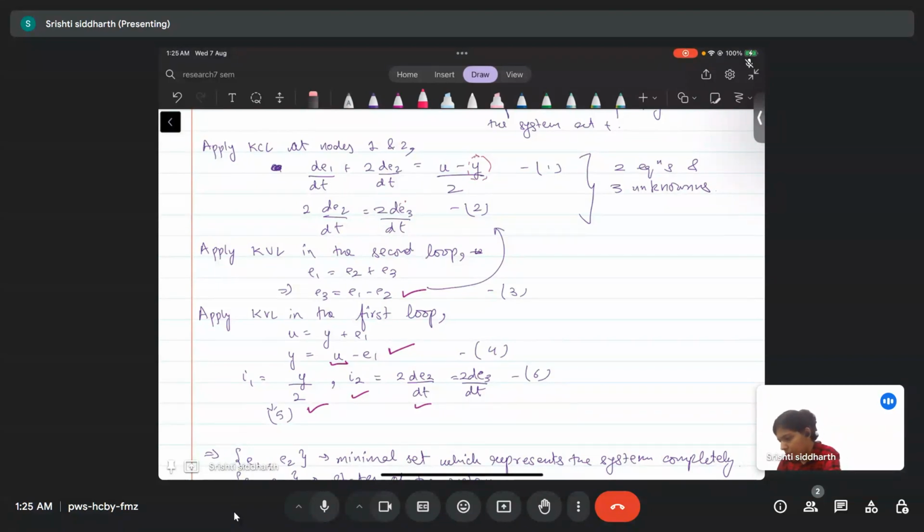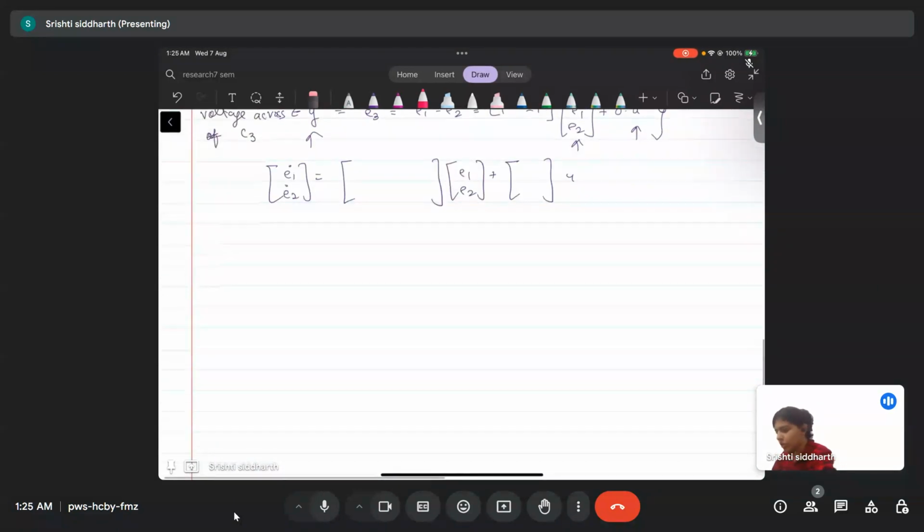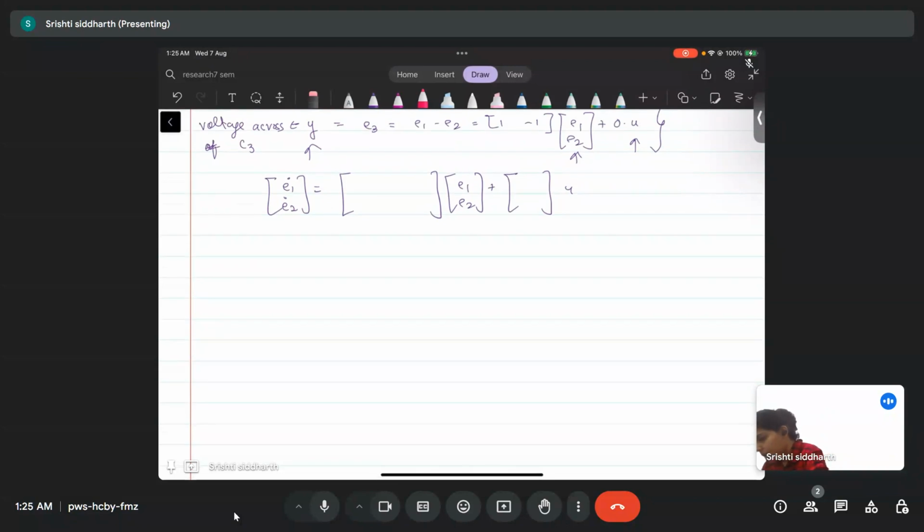And we also know what E3 is in terms of E1 and E2. So this is E1 minus E2. And for the case when we're taking the output as voltage across the resistor, we have U minus E1. So if you substitute these in equations 1 and 2, you get differential equations for E1 and E2.